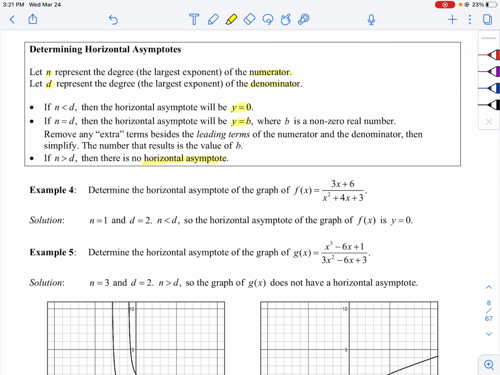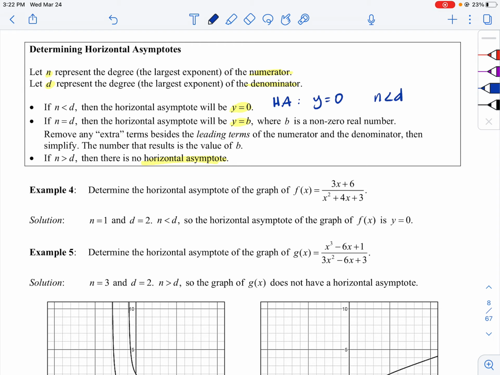The first rule, or technically property: if n is less than d, meaning the largest exponent in the numerator is less than the largest exponent of the denominator, then our horizontal asymptote will be y equals 0. And I'm going to use HA to represent horizontal asymptote. So our horizontal asymptote is y equals 0 when n is less than d.